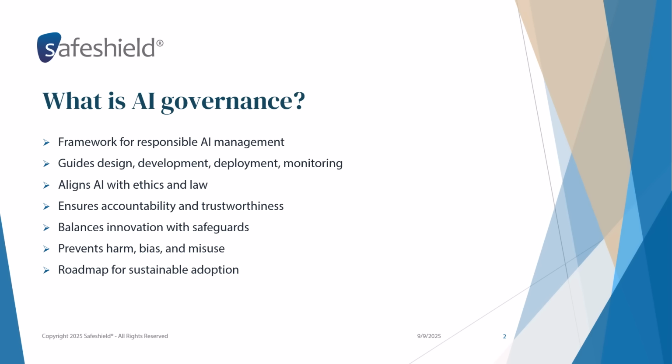Without governance, AI adoption risks becoming fragmented, inconsistent, and dangerous. Unchecked systems can reinforce bias, violate privacy, or cause safety issues. Governance is not about stifling progress, but about enabling trust, which is essential for widespread acceptance of AI.